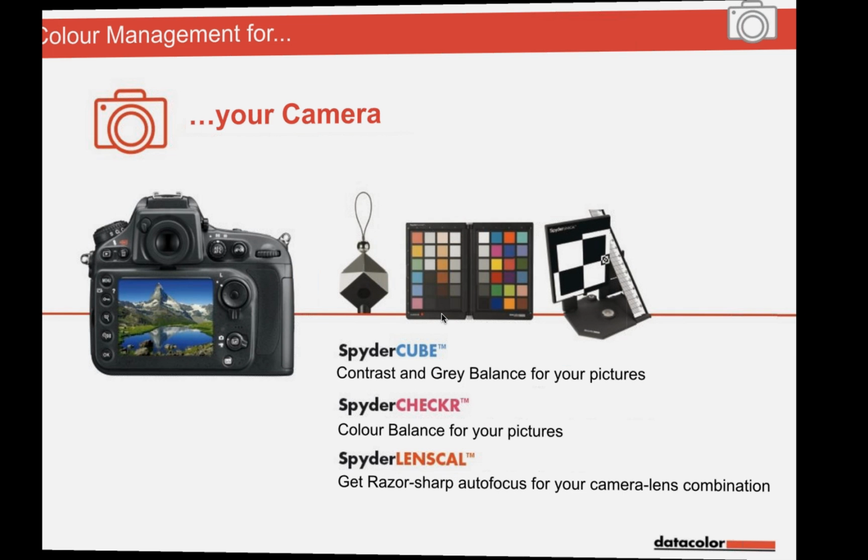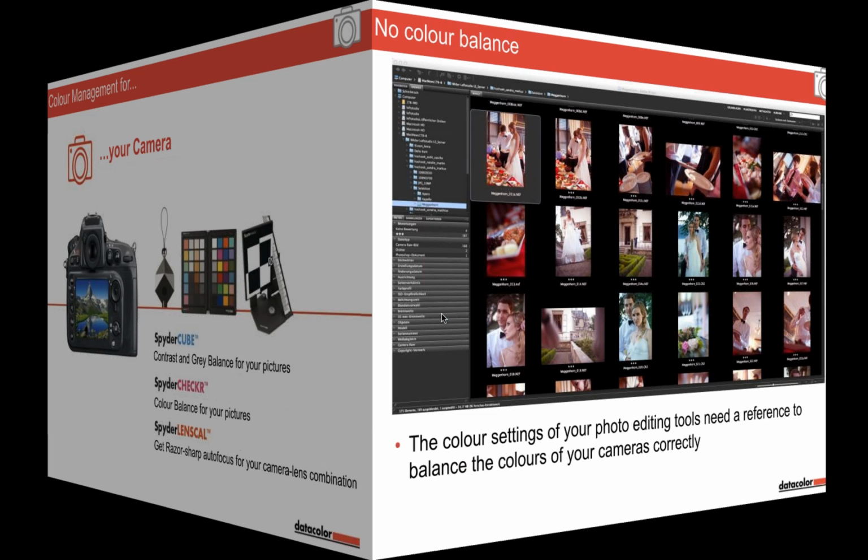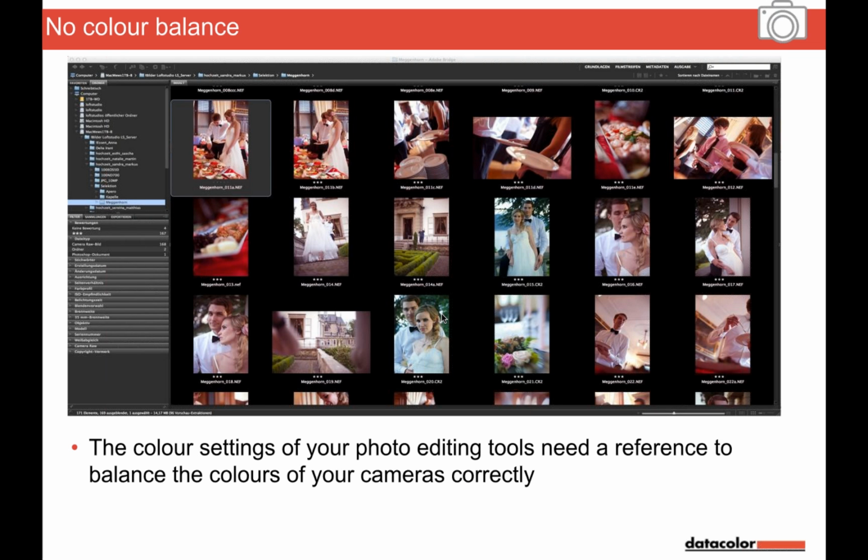But what happens for those of us who have to get colors absolutely correct? What if you are shooting, as in this instance, a wedding, or sports photography, or pack photography, or product photography, and you've got to get those colors correct? In the case of a wedding, you really want to get the bride's dress correct, the groom's suit correct, the bridesmaids' dresses correct.